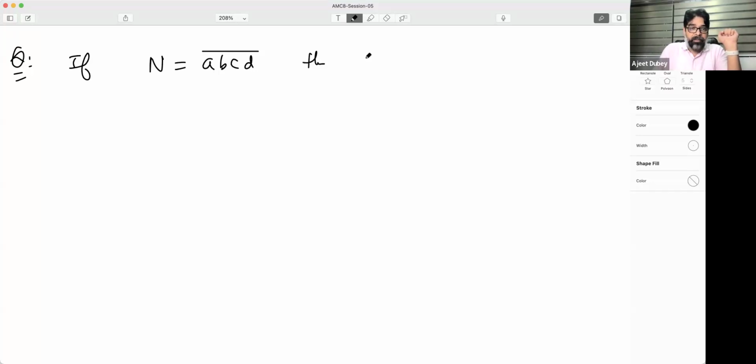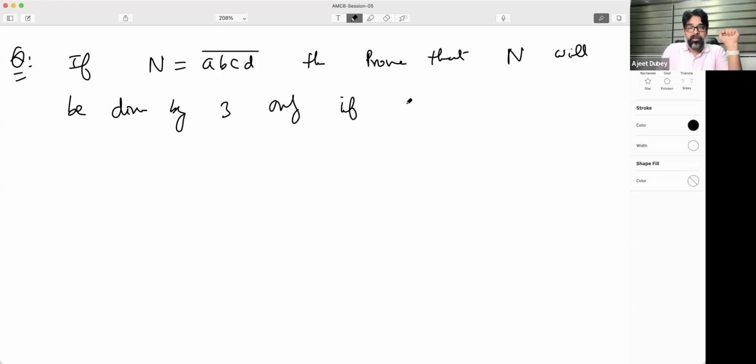Then prove that n will be divisible by 3 only if A plus B plus C plus D is divisible by 3. Divisibility rule, I hope all of you know. Any number is divisible by 3 only when the sum of digits is divisible by 3. That's what we have to prove.